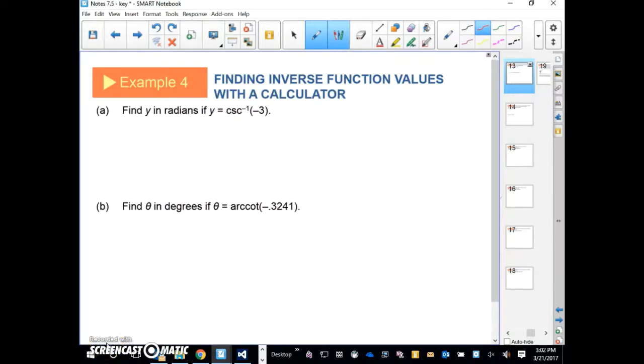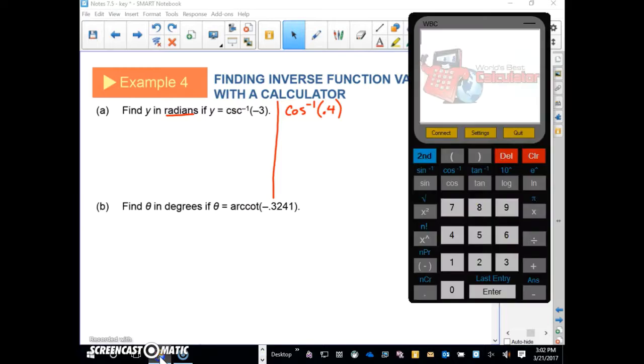Example 4, find y in radians if y equals inverse cosecant of -3. I think this is a little bit harder to start with, so I'm going to start with an easier one. Let's try inverse cosine of 0.4. Okay? Let's find the inverse cosine of 0.4, and we want to do it in radians.